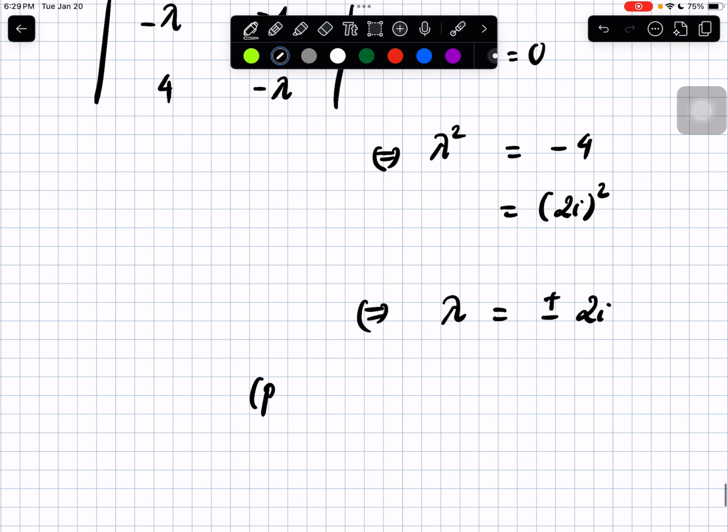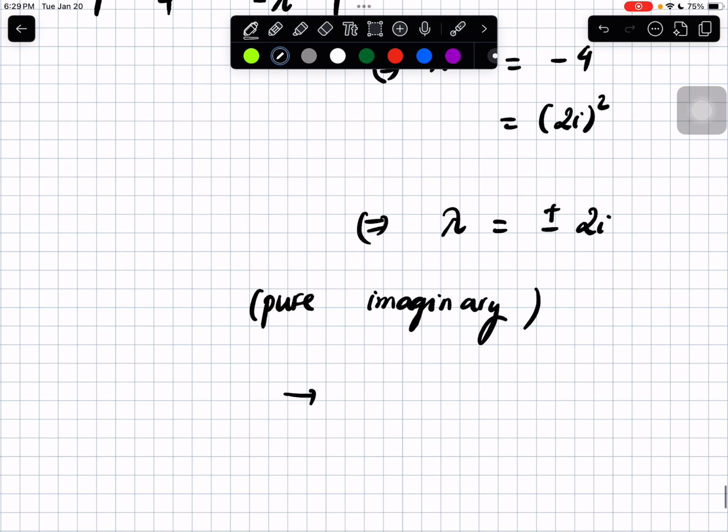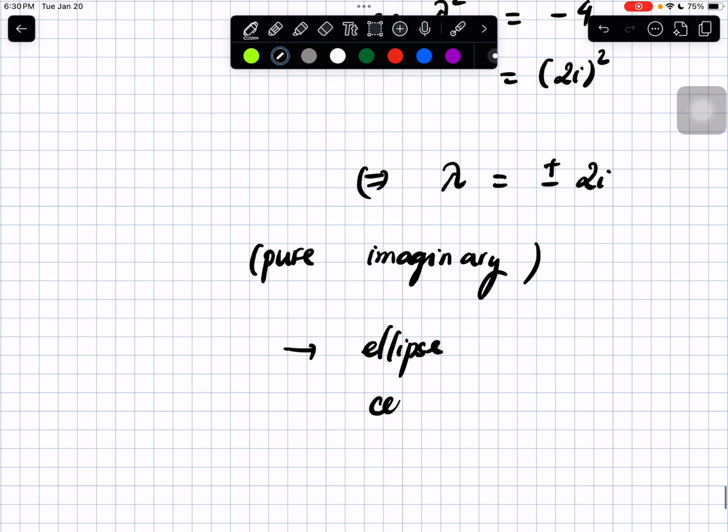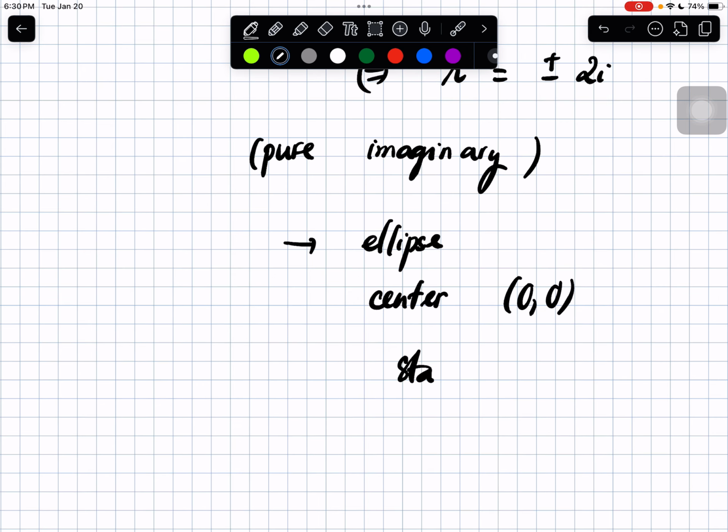In this case, we know lambda is pure imaginary, so this must give us elliptical orbits. The ellipses are centered at the origin. So the origin (0, 0), the critical point, is a center, stable, but not asymptotically stable.